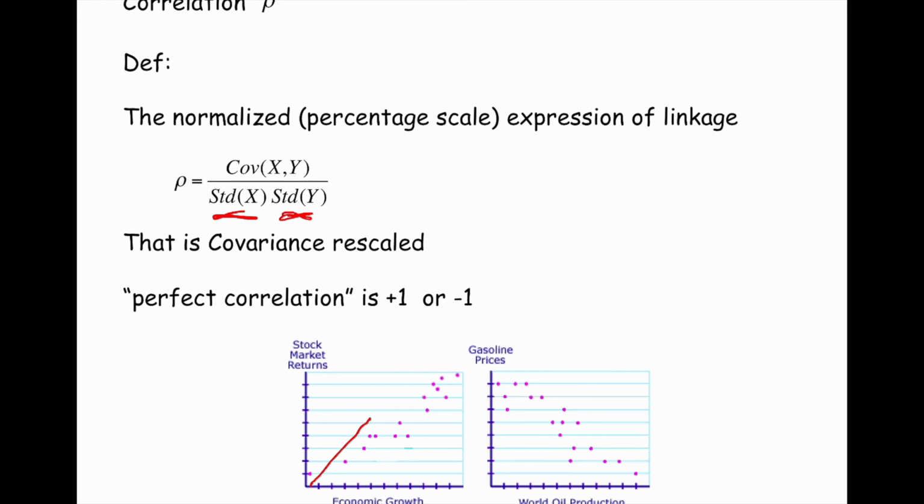So a $1 increase in one, or a 1 percentage point increase in economic growth, would be a $1 increase in market value. Likewise, we have negative correlation. In this case, one unit decrease in one variable is the same amount of unit decrease in the other variable. And so normalizing by dividing the covariance by the standard deviation of the variables involved gives you this correlation.